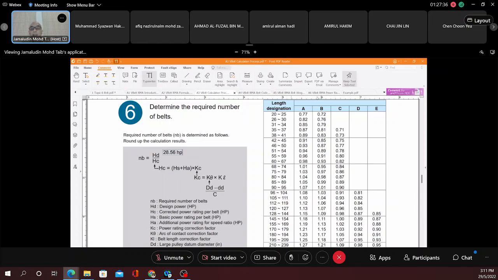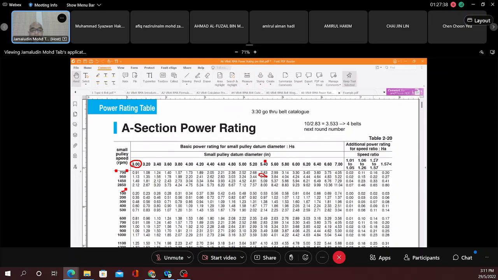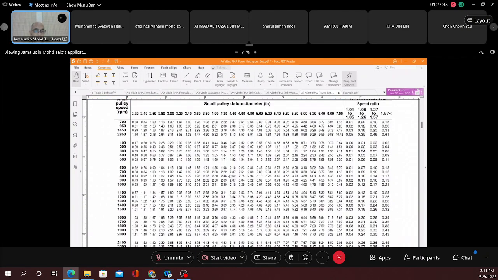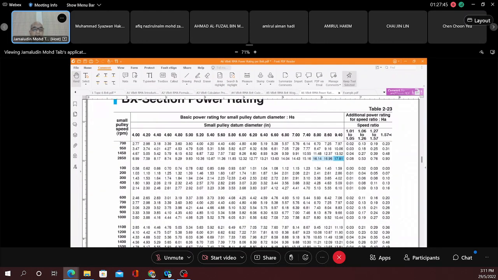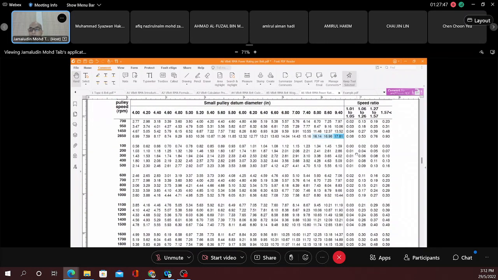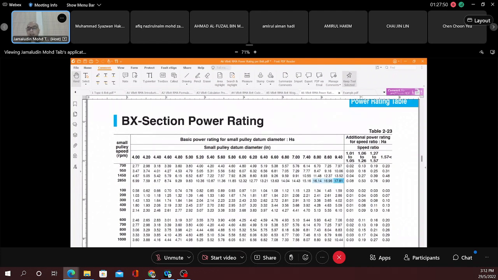For example, here we are using C. This is going to be H_tab, and this is going to be H_a, because there's an additional power rating due to the different speed ratio. That's the main idea here.